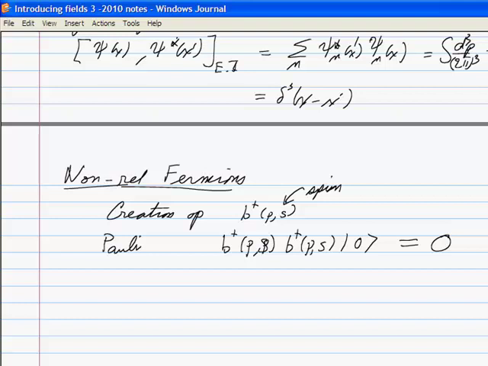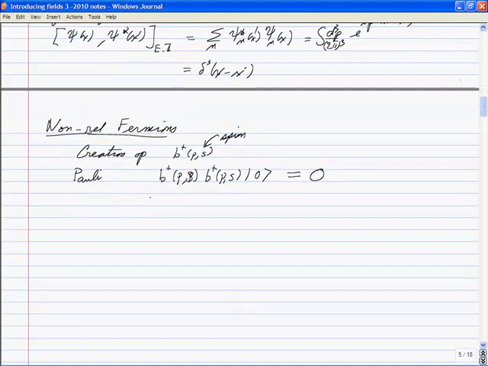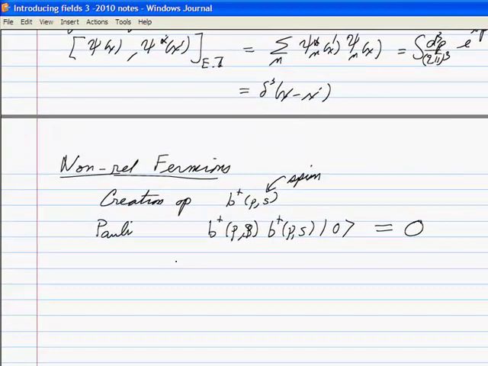Pauli also tells us that if you put them in different states, the wave function is antisymmetric. So let's now say I've got B dagger of P S and B dagger of P prime S prime. So they're different states. Now that's allowed, that's not 0. But the wave function has to be antisymmetric.